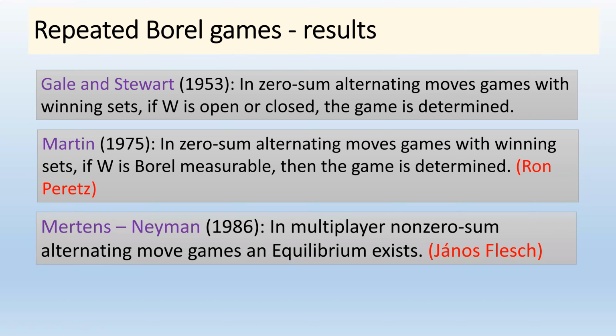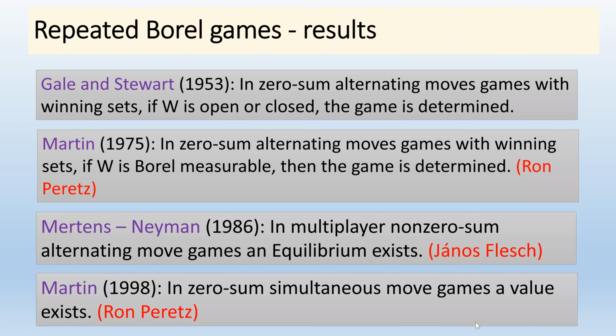Then Janusz told us about the work of Mertens and Neyman. This work goes beyond zero-sum and winning sets. So the question was no longer whether the game is determined, meaning whether a player can necessarily win the game, but whether there is an equilibrium or an epsilon equilibrium.